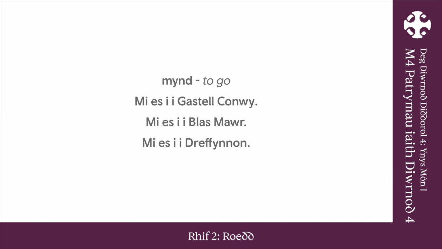Using mynd, to go. Mi es i Gastell Conwy. I went to Conwy Castle. Mi es i Blas Mawr. I went to Plas Mawr. Mi es i Dre Ffynnon. I went to Holywell.